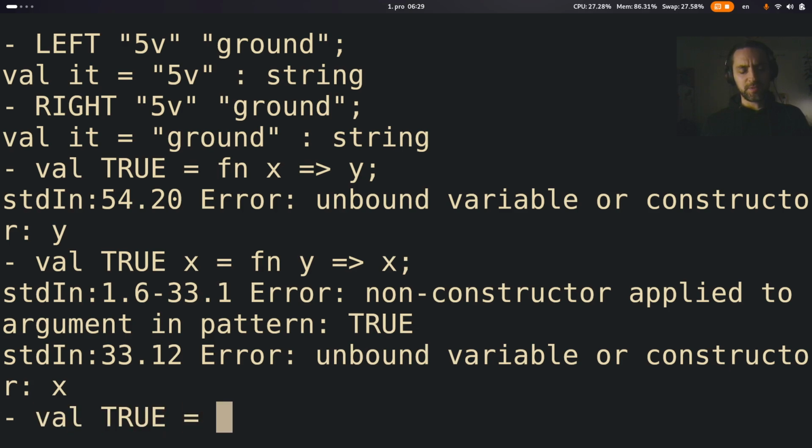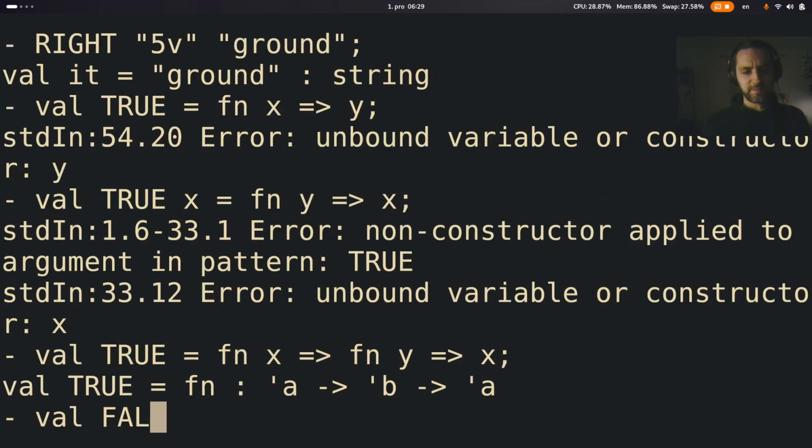Val true equals, actually it should be lambda x, which takes an x and gives back the function that takes a y and gives back the output of x. And val false, same thing.